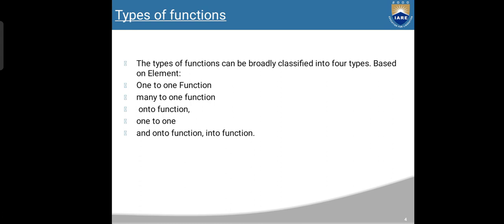The first type is one-to-one function, the second type is many-to-one function, the third type is onto function, the fourth type is one-to-one, the fifth type is onto function, and the sixth one is into function.